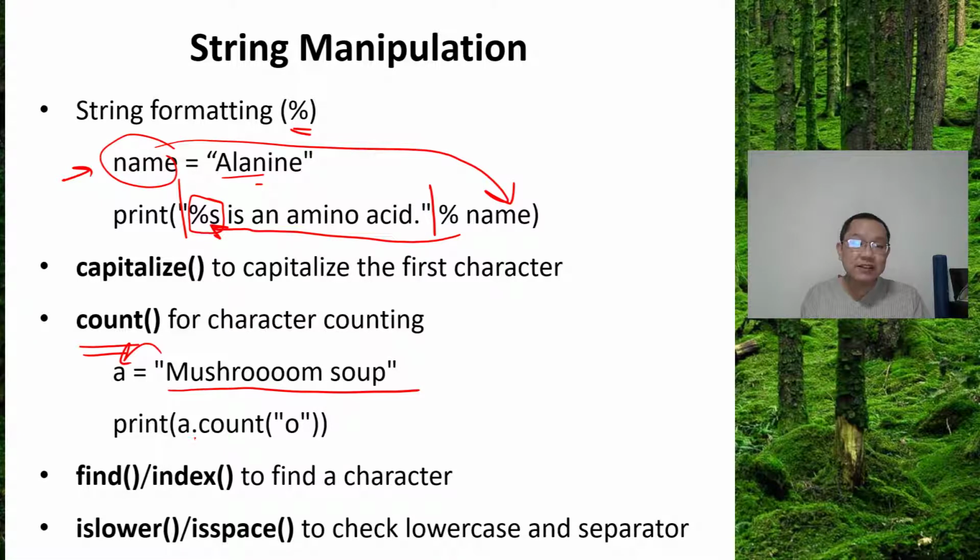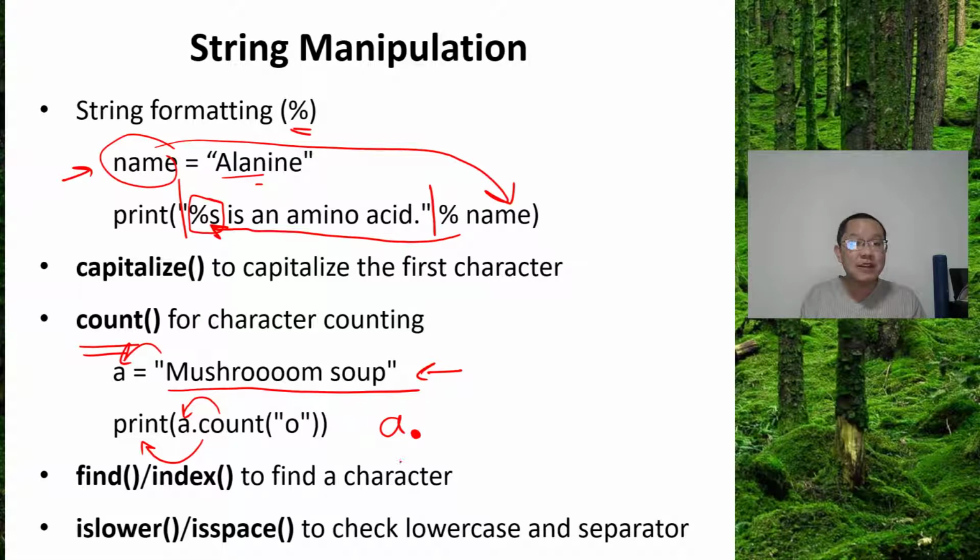We ask a to count the number of O characters inside the A variable and then print it out on screen, for how many of the O occurred in the string stored in the A variable. So you see this pattern. This is a variable and we use a dot operator.